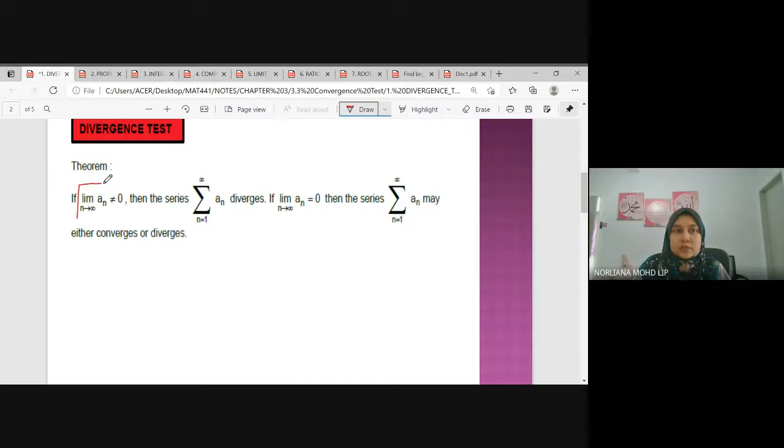So this theorem, limit an not equal to 0, it is diverge. Okay, if limit an equal to 0, okay, then the series may be converge or diverge. Okay, you all kena ingat yang ni lah.